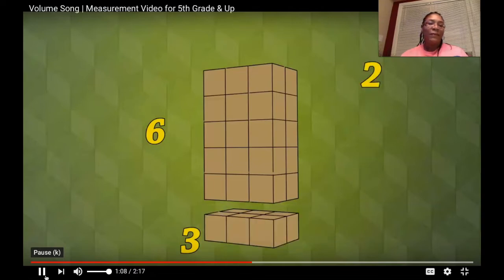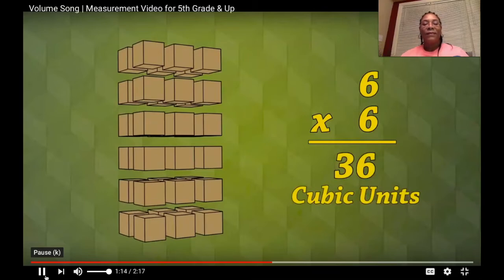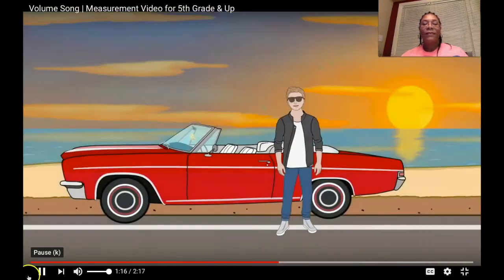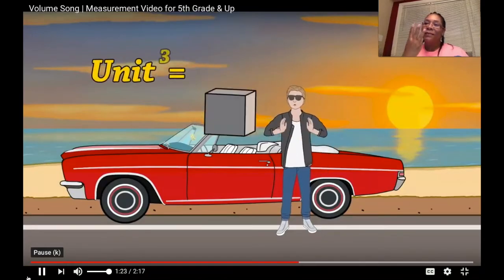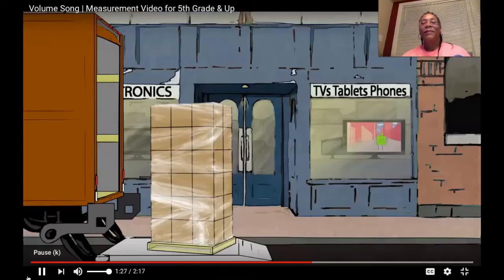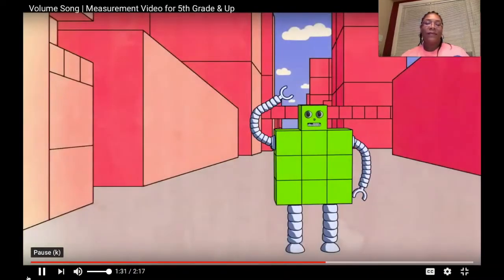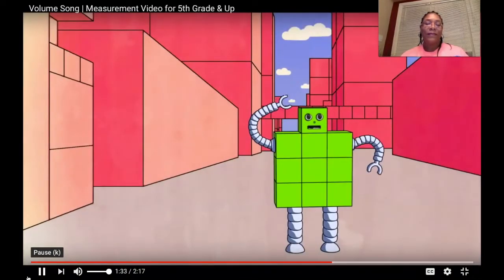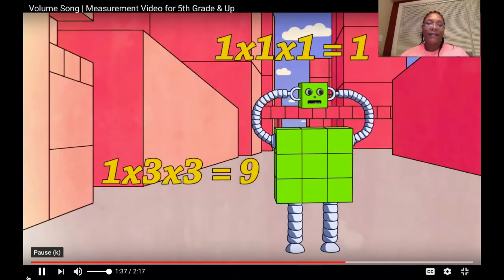First find the base, that's length times width. The base is 6 cubes, then multiply the height. 36 cubic units, fill it up just right. When finding volume, don't forget to mention the unit is a cube with 3 dimensions. Separately and find the volume of each individually.